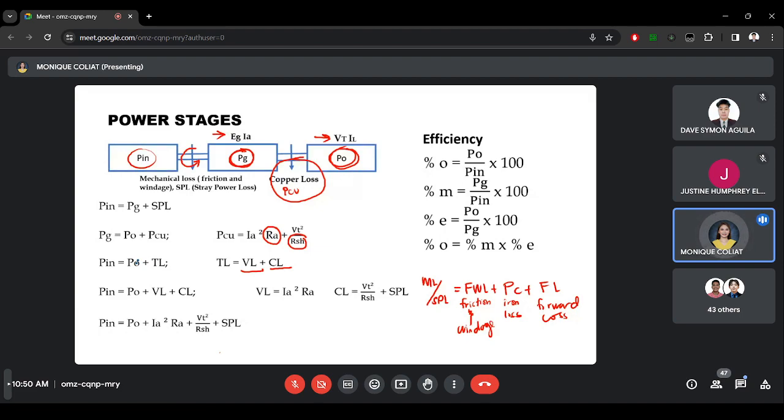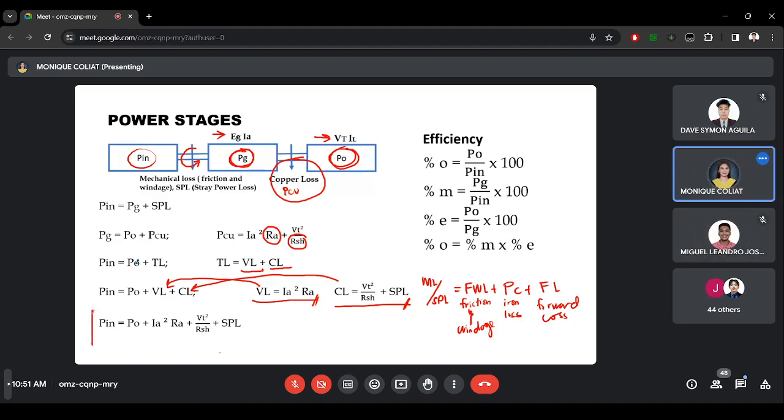Your VL or variable loss is IA squared RA, and your constant loss is VT squared over RSH plus SPL. Pagka sinubstitute ninyo na yan, magiging PN is equal to PO plus IA squared RA plus VT squared over RSH plus SPL. This is the most important formula for PN.